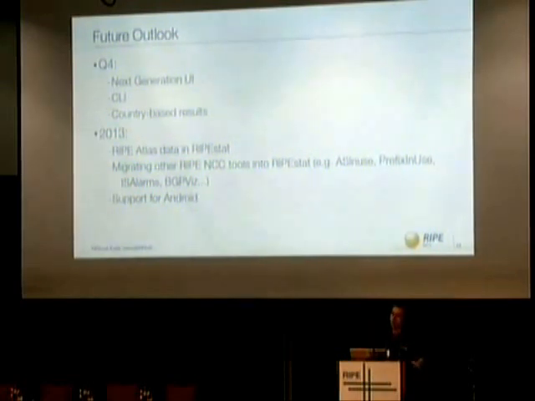Another bigger thing we are planning is some kind of country-based results. We created a similar page for the internet outage in Egypt, where we were able to monitor all the prefixes that were announced from Egypt, and we could check their visibility state.